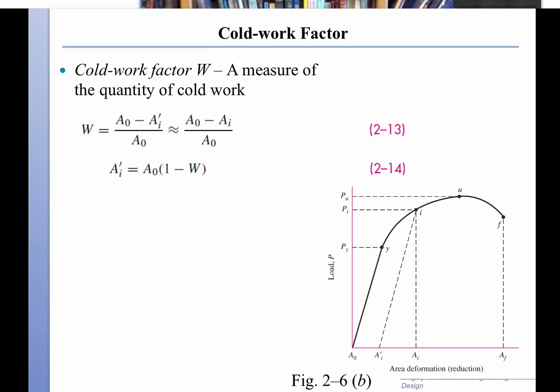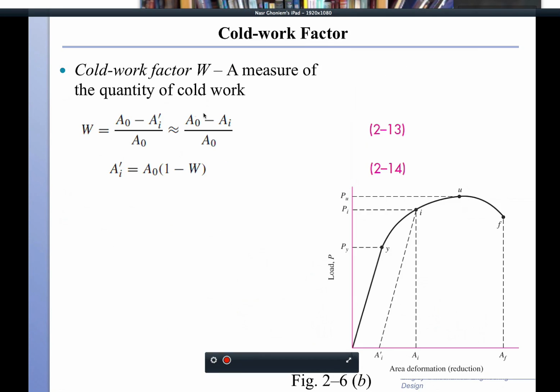So to describe this work hardening idea, we're going to define a new factor that is the difference between the permanently set area that has resulted from the initial deformation and the very initial cross-section before the deformation, A0.